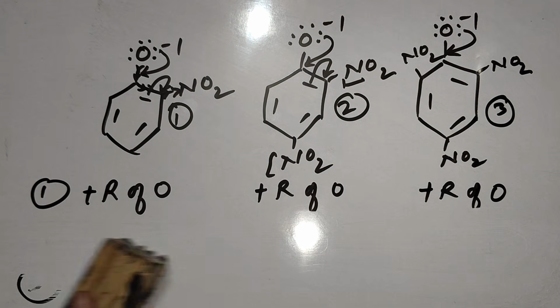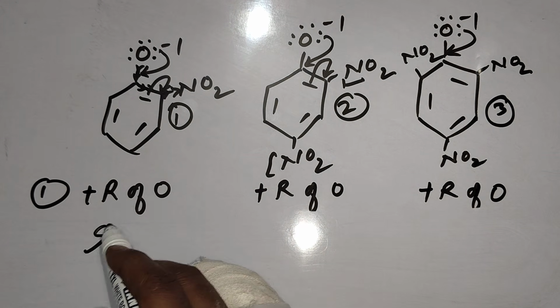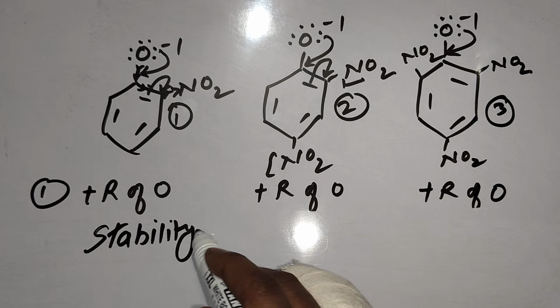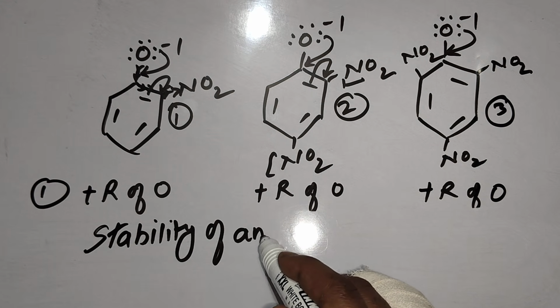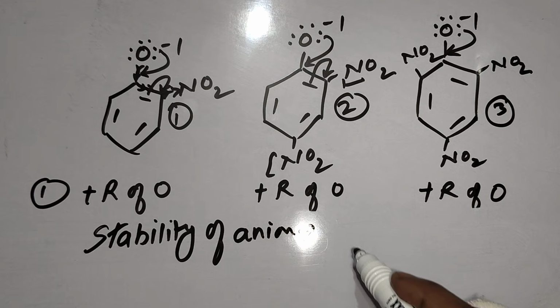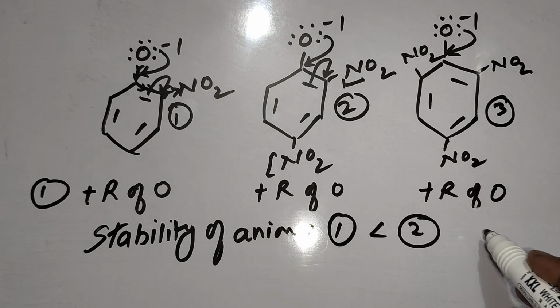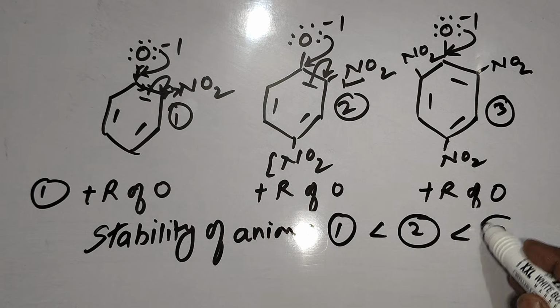In this fashion, always write down the factors. So stability order of anion, increasing order if I write: first one is least stable, second one is more stable than first, and third is most stable.